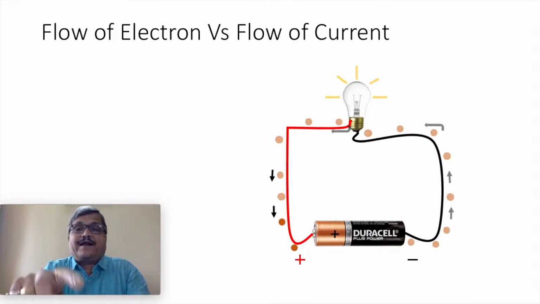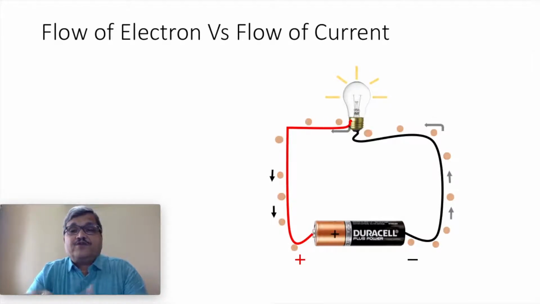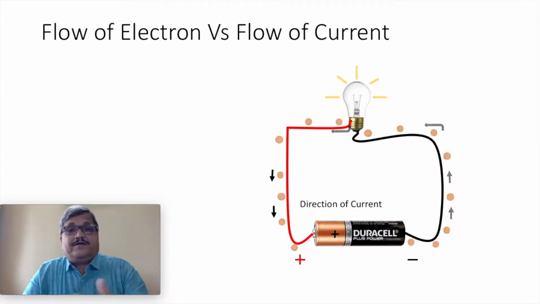Through the bulb it will travel the path and it will ultimately reach the positive of the battery or cell. But if you notice the current, or the hole in the queue of the cars, the direction of the current is from positive to negative. It is the reverse direction. So the positive direction of current is reverse to electrons.